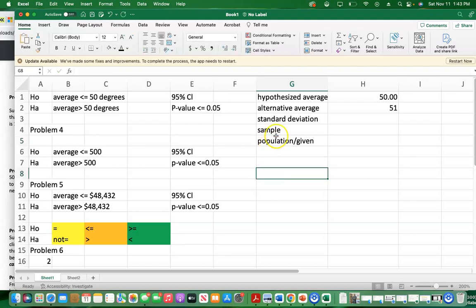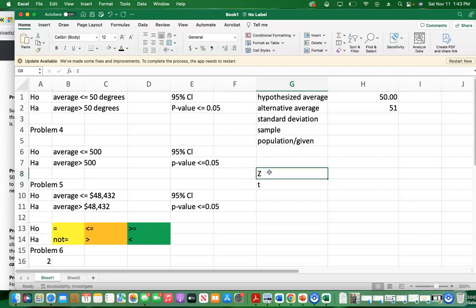If you have the standard deviation of sample data, then you use the t-test to find the t-value, and use that t-value to get the p-value, or the probability value, that will help us test the null hypothesis. But if you are given the standard deviation, or can find the standard deviation, of a population, then we can use the z-test. So here we have z, and also we have t.